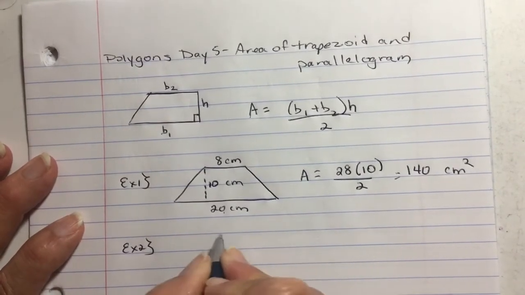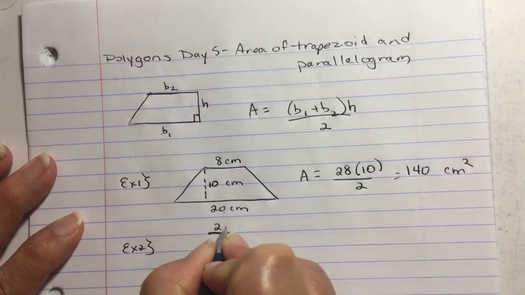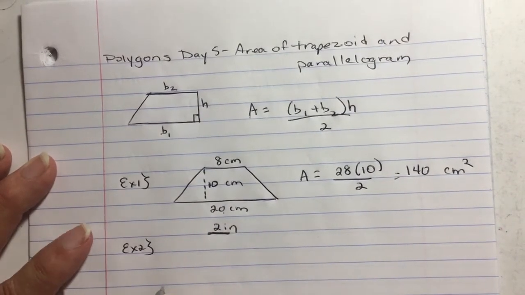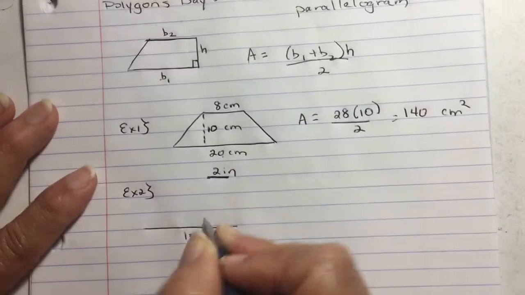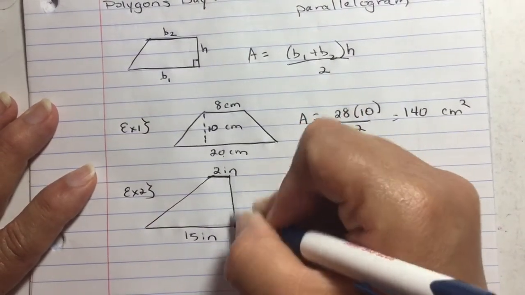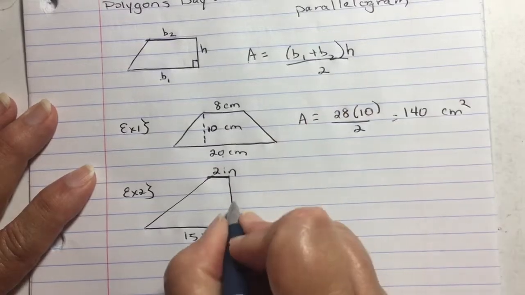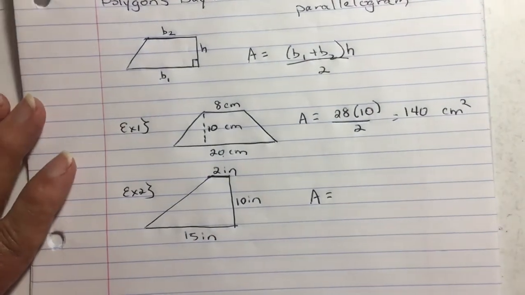In this case, I'm going to give you a real skinny top, maybe 2 inches, and a pretty long bottom, maybe 15 inches. It's going to have a right angle here, giving us a 10-inch height.